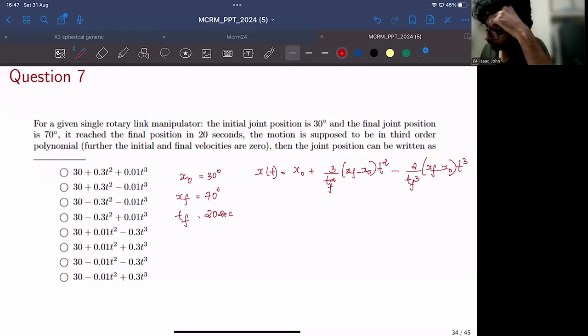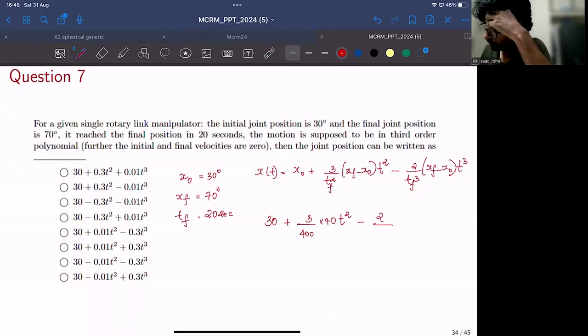Yeah, substituting this, we'll get 30 plus 3 by 20 square, that is, I'll write it directly as 400. So xf minus x0 is 70 minus 30, that is 40. And t square, you are only asked to find out this expression, so I can write it as t square itself, minus 2 by tf cube.